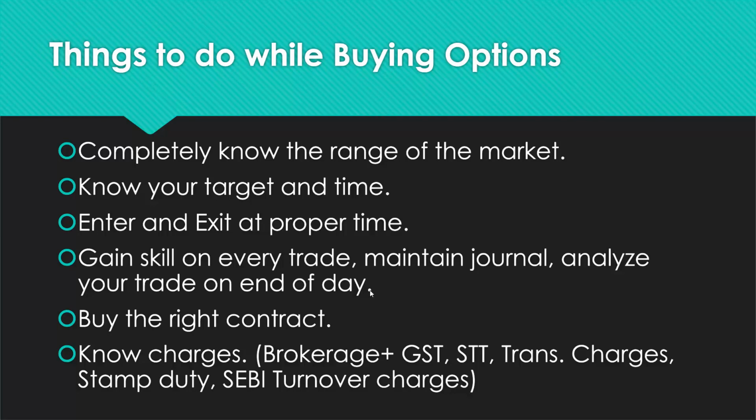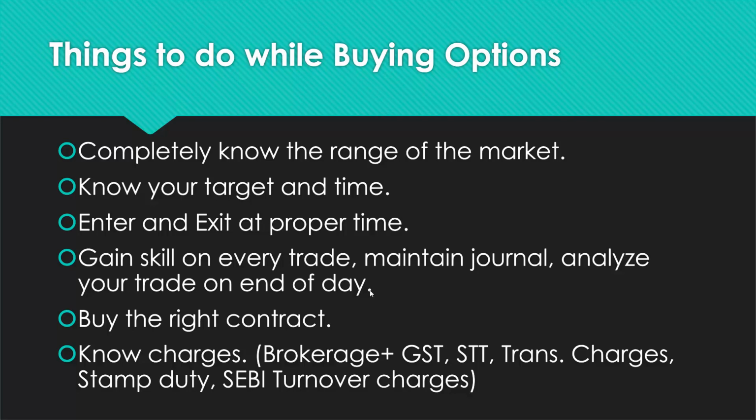Maintain a journal where you note where you're entering and where you're exiting the options. Every time you trade, try to gain some additional trading skills. At the end of the day, always analyze your trades. Be a good trader. Completely learn technicals, successfully trade stocks, then enter options.